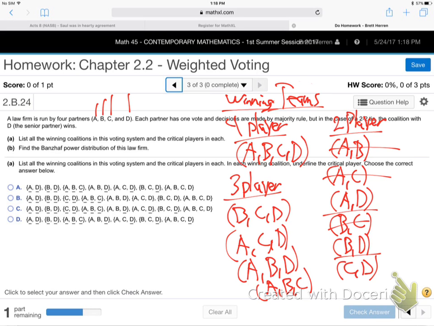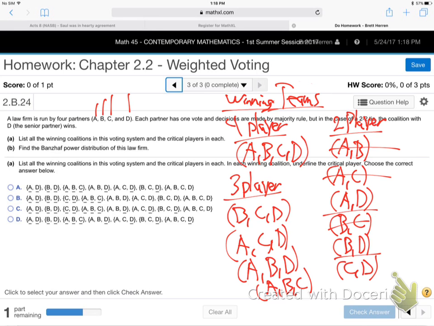Let me give you an instance. They might change it, and it might say, in the case of a tie, but it's always majority rule, in the case of a tie, whoever has, let's say, A, is the junior partner, the newest partner, loses. The other 3 partners are older, whoever has A, automatic loser. Do you see what it would change here?